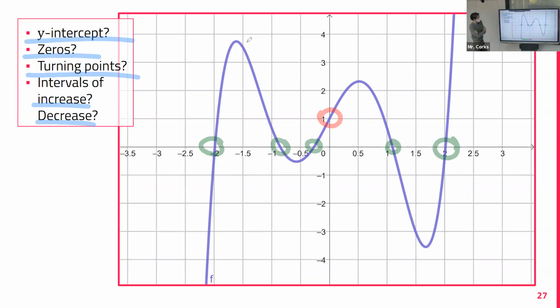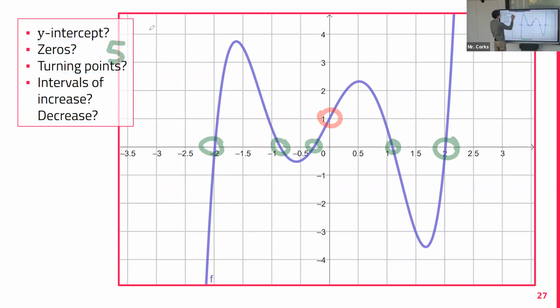Yeah, so close to -1, but negative 0.8 maybe. Okay, so five zeros. Turning points. How many do you see?